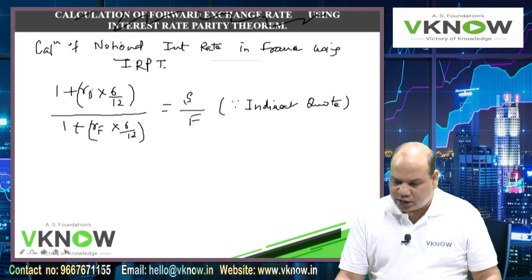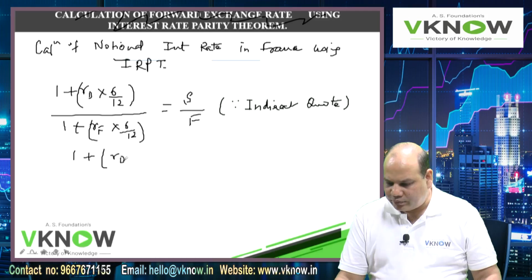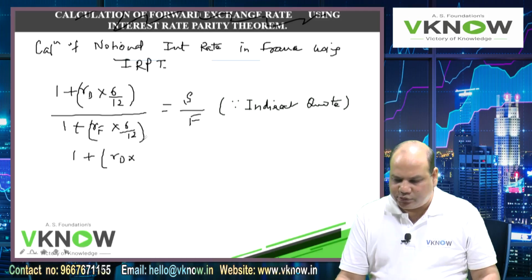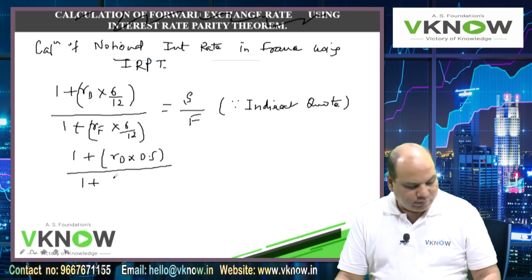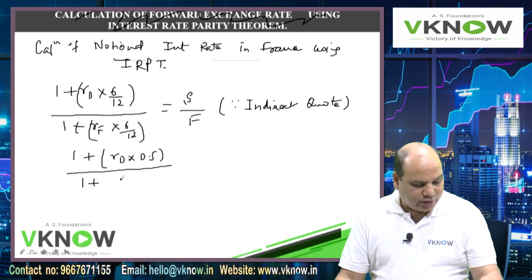And RD is missing now. So 1 plus RD, 6 by 12 means 0.5, upon 1 plus RF. RF means interest rate in Italy.